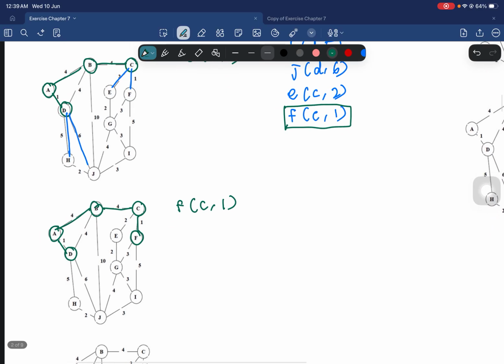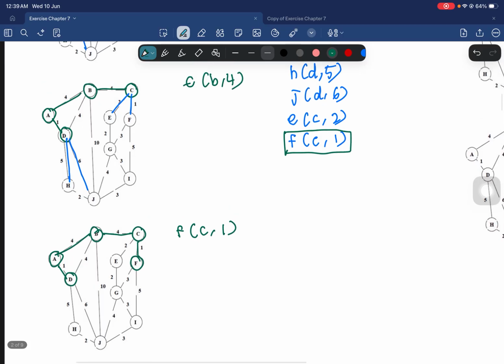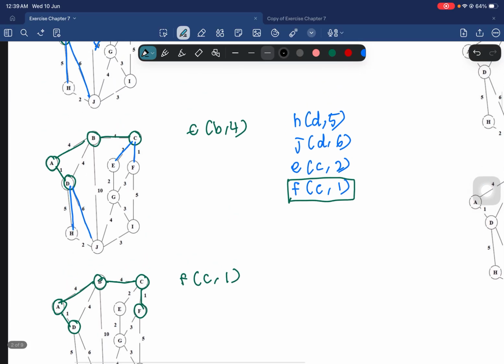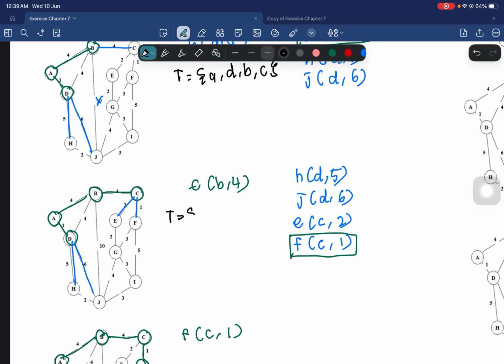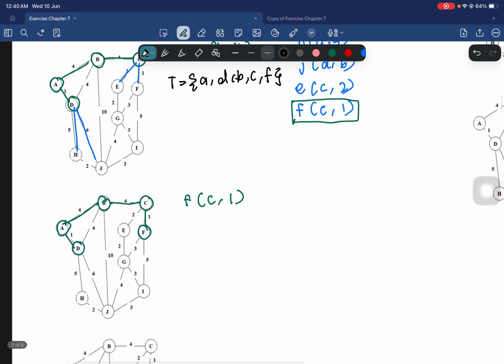Alright. So this is our current tree in the green color. Here we have the tree T, and we add more: D, B, C, and also F. Right. So next we need to find which one is connected to which. So C is still connected to E, F is connected to G, and also F is connected to I, and D to J, D to H. So we have all here.